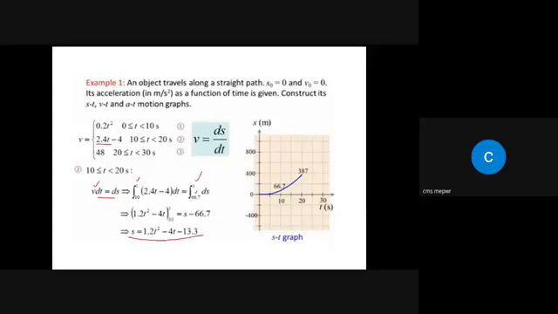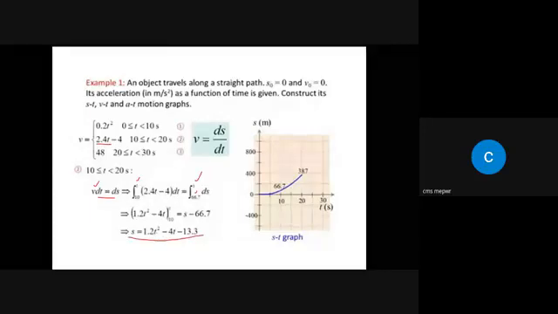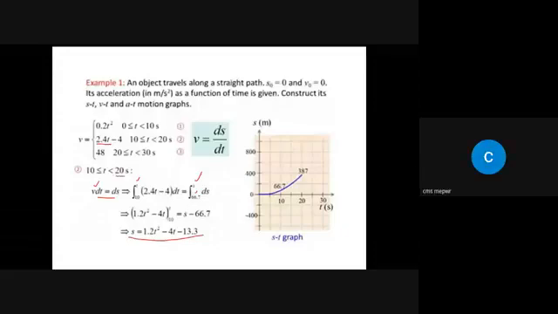When you put s, you will get 66.7. And when you put t equal to 20, we cannot put 0 over here, sorry, I'm mistaken.